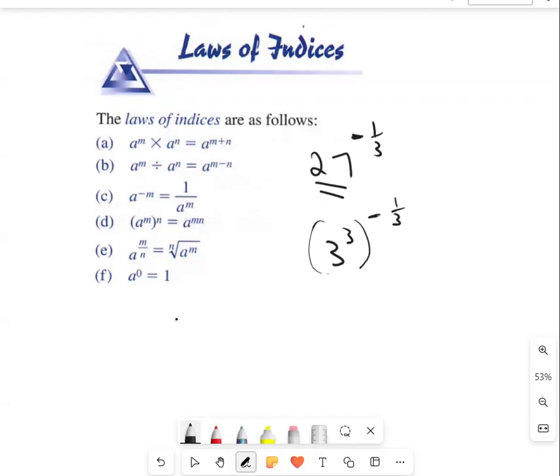Do you see 27 as 3 cubed? Yes, sir. We use this rule then, right? And you will get 3 to the minus 1, and then we use this rule, and that will be 1/3.